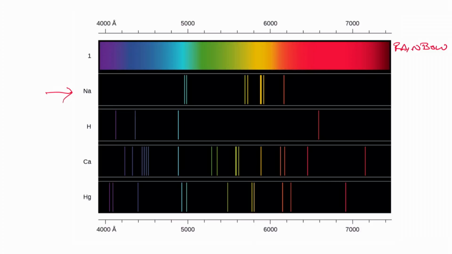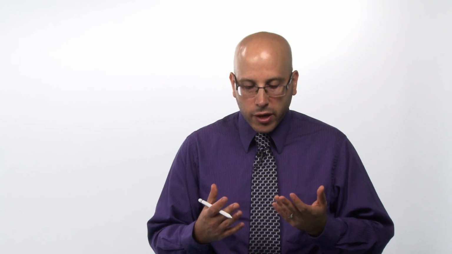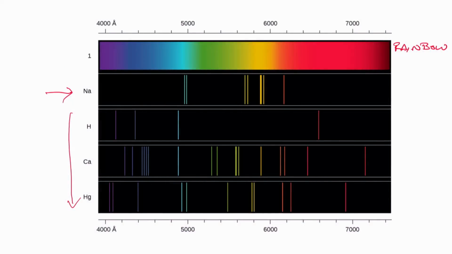And basically every element in the periodic table that they had tested gave them different patterns, both in terms of how many lines there were and the spacings between the lines and the colors of the lines. They couldn't really explain or justify why they were getting all of these different patterns. It didn't really make sense with the physics and the science that they understood at the time.